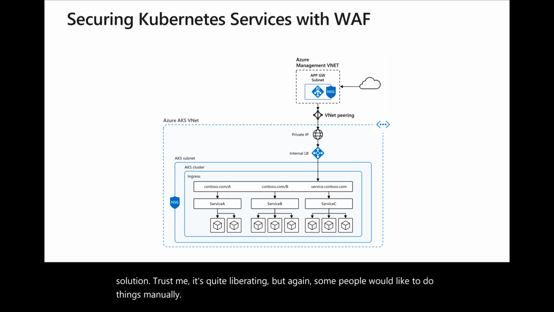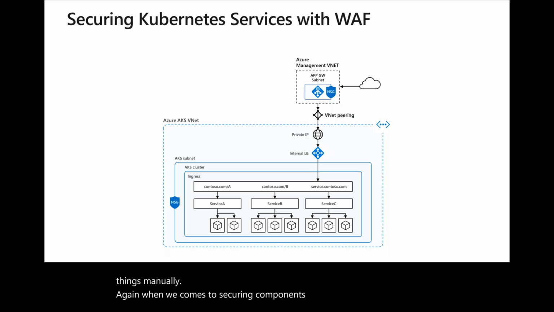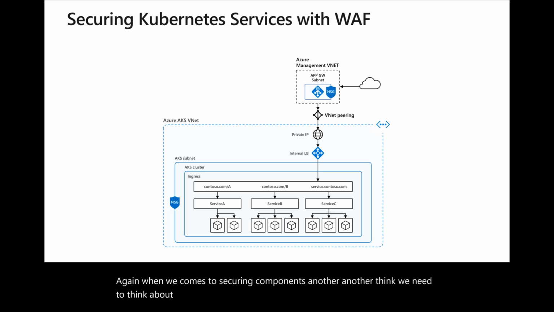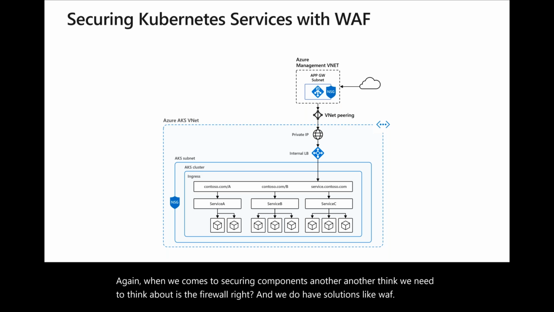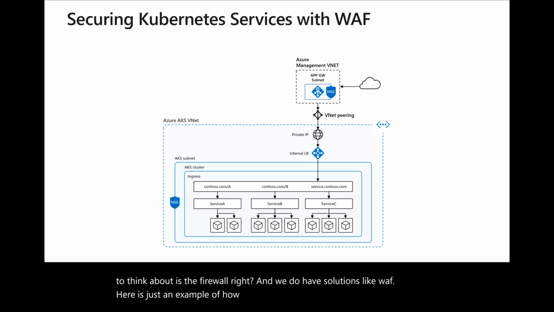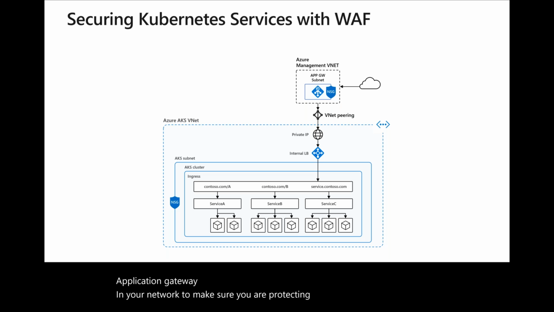Again, when it comes to securing Kubernetes, another thing we need to think about is the firewall, right? And we do have solutions like WAF. Here is just an example of how you could be deploying an application gateway in your network to make sure you are protecting your nodes.